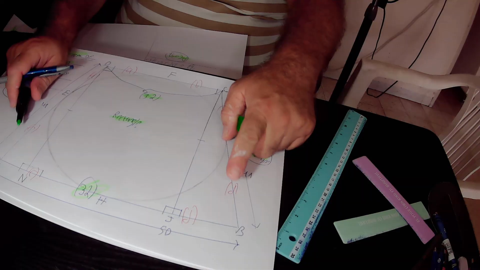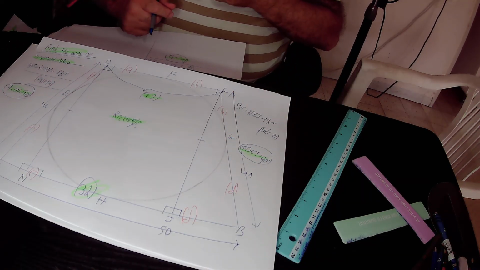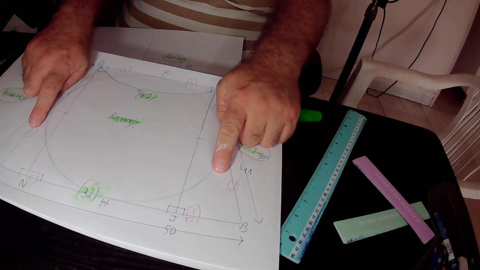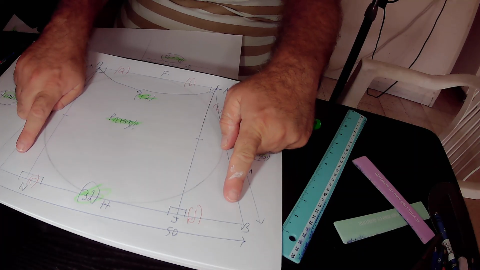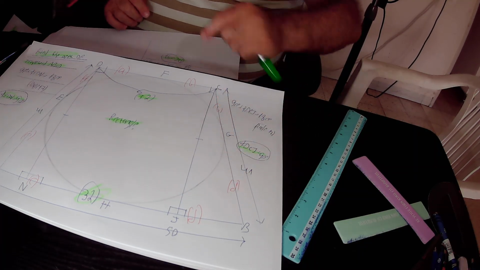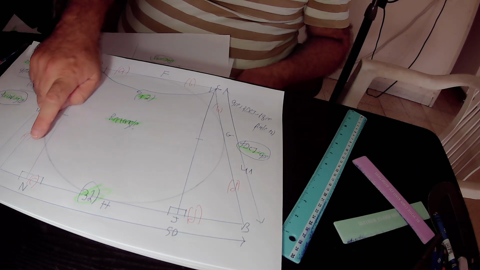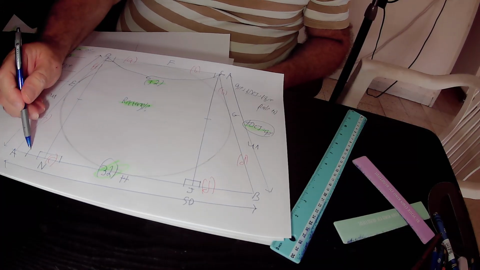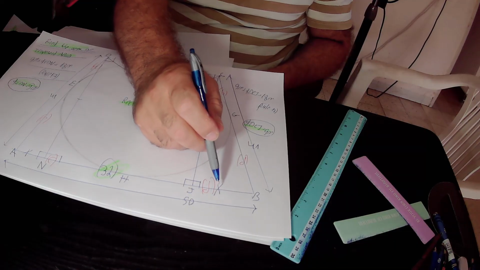AN equals JB according to the rule that corresponding sides of congruent triangles are equal to each other. So, if we define the length of AN as x, then the length of JB must also be x because they are equal to each other.